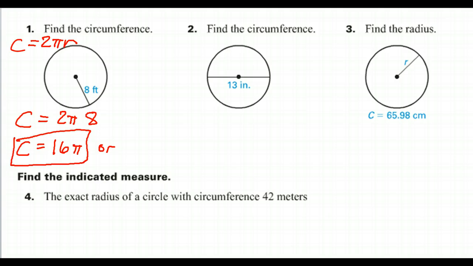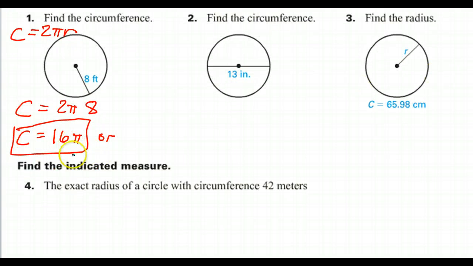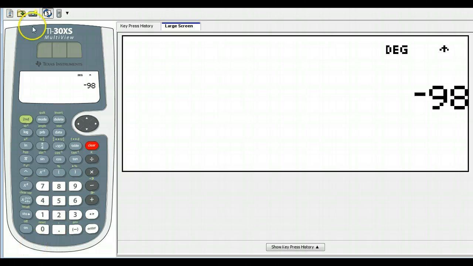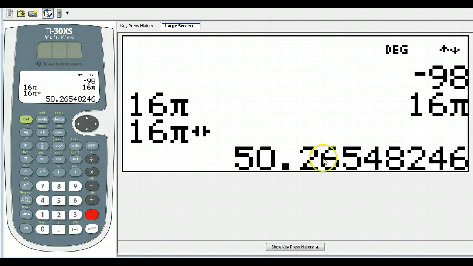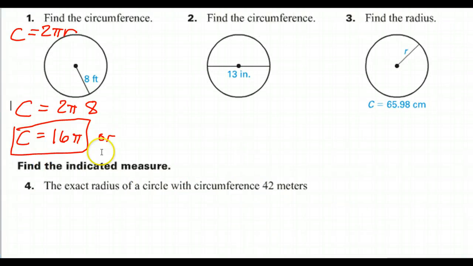If you needed a decimal for some reason, then you could just put that in your calculator. Using your TI-30XS MultiView, you will notice that the pi button is right here. So if you want to do 16 pi, then there it is. If I hit enter, well, toggle, then that's approximately 50, I'll use 2 decimal places, so 50.27 feet in this particular case.